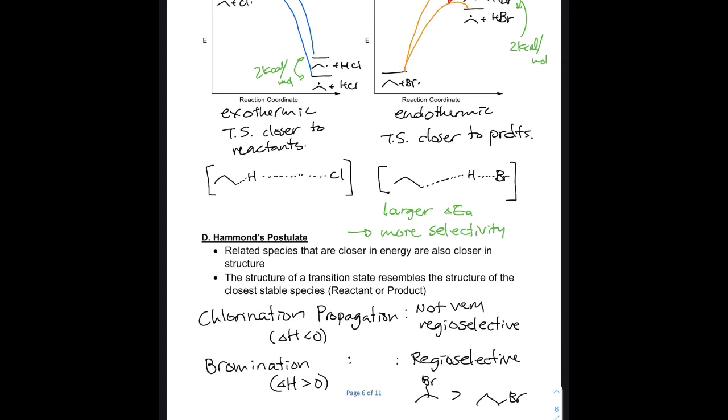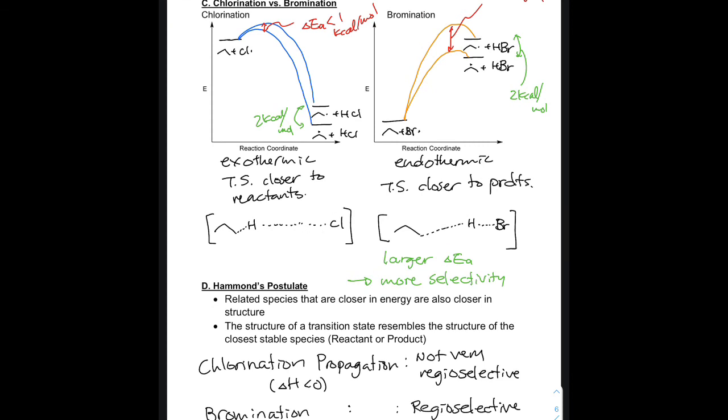So bromination is harder to do, but when it does happen, it's selective. Synthetically it's a lot more useful because mostly you get one product, whereas chlorination is not as useful in synthesis because it's an easy reaction to do, but the product is not very selective.